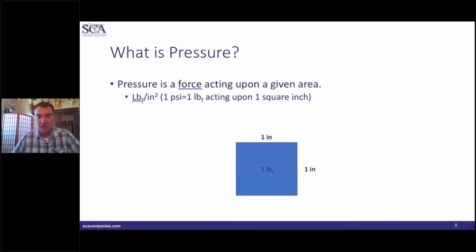It's easiest to do this by thinking about the units we use in the US oil field. We talk about PSI, which is pound force per inch squared. So that's basically 1 pound of force acting on 1 inch squared. I've got some examples going forward, and it's relatively easy to get your head around when I show you these.